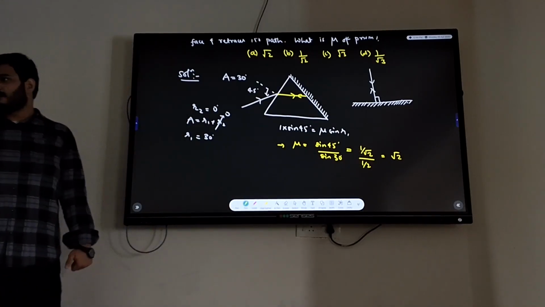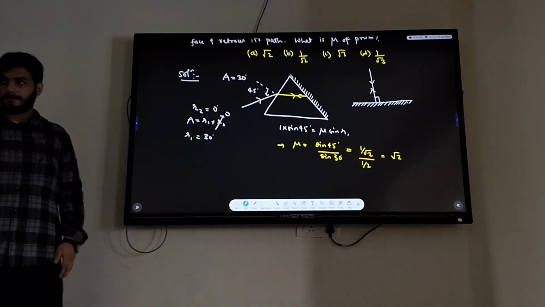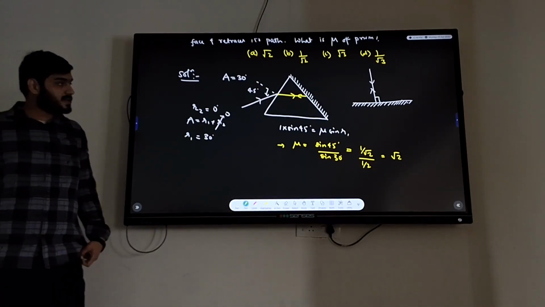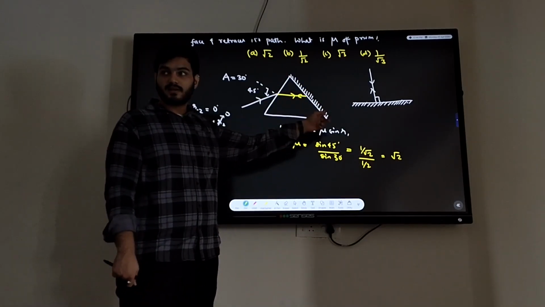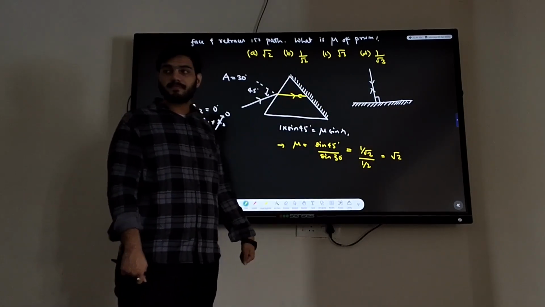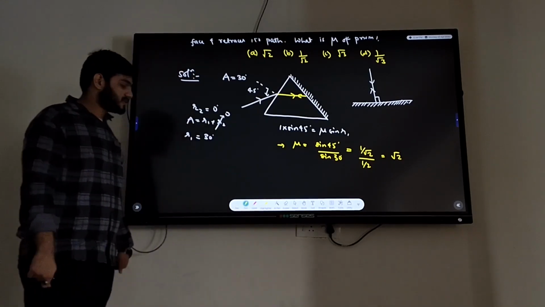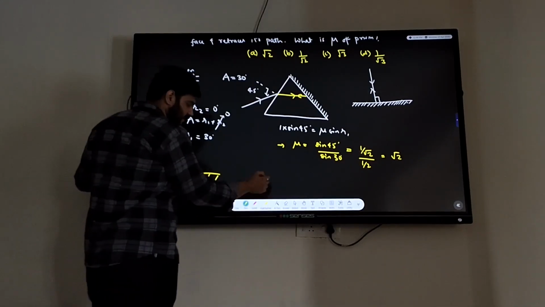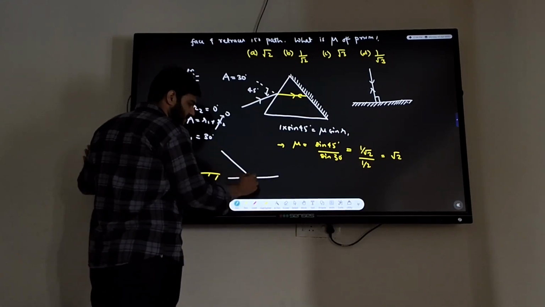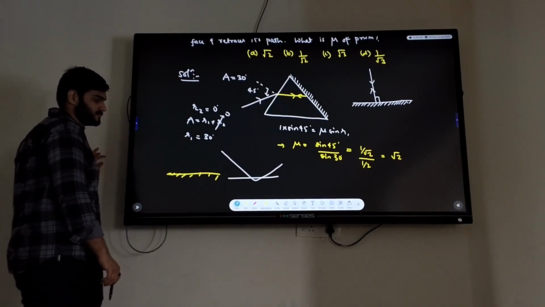Can we apply the condition of no emergence, like sine Imax equal to 1 by mu? I think that condition I told you when there was no coating. Sir, but still emergence is not zero. Having a mirror and having a refracting surface where the emergence doesn't occur, what is the difference?